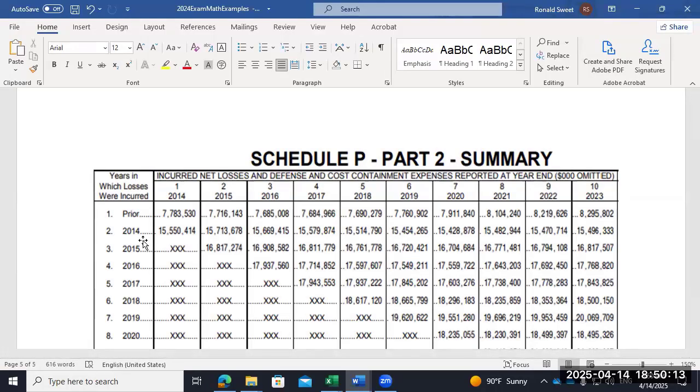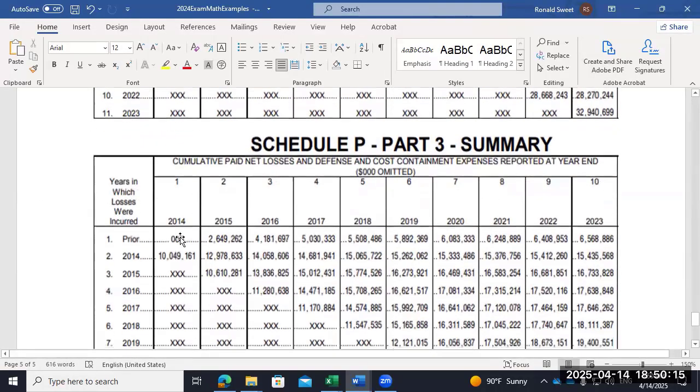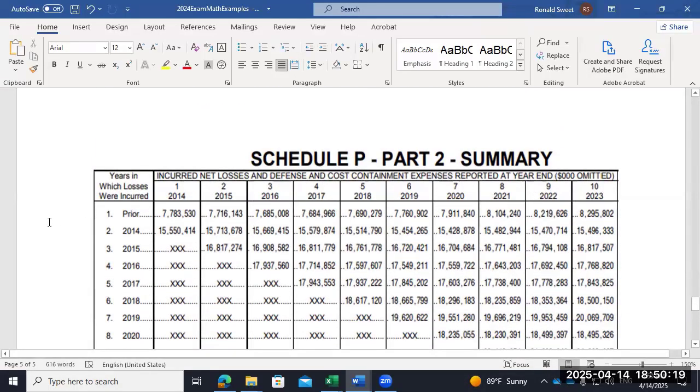But why is this number 0? Maybe that's all it means, that we're just going to assume there are no payments, or that's the reserve and they're going to come. I don't know. It's a strange line, and I'm not really sure exactly what the prior line means.